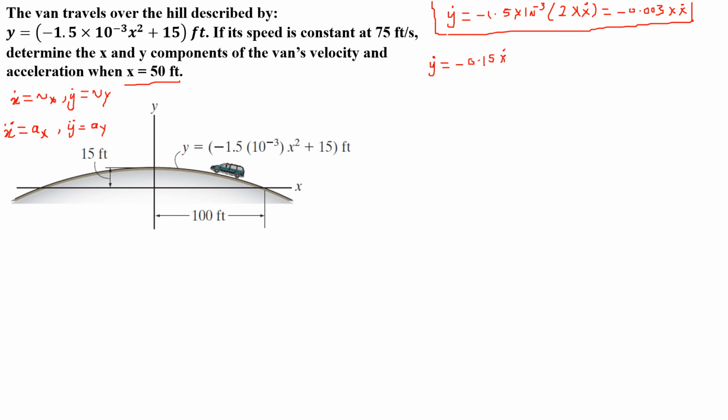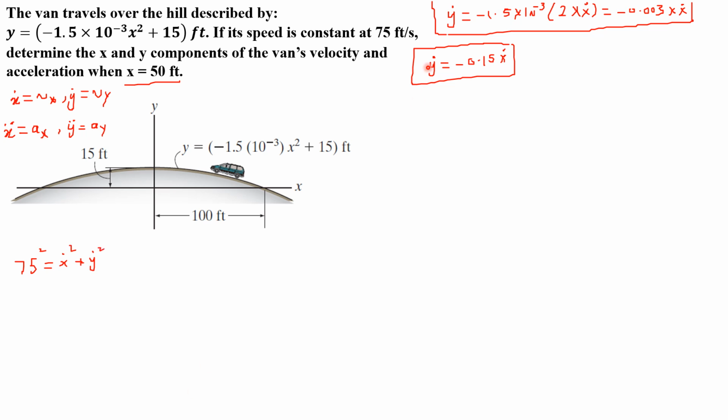So I have two unknowns here. How can we relate them? Given in the question that the speed is constant at 75. So 75 here is the magnitude of these two velocities, of the x and the y. So now on this side, I'll have 75 squared equals x dot squared plus y dot squared.